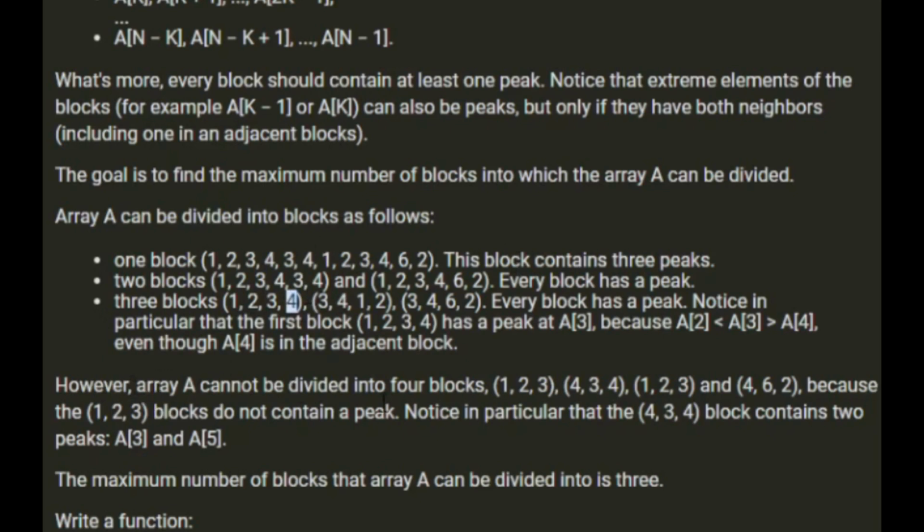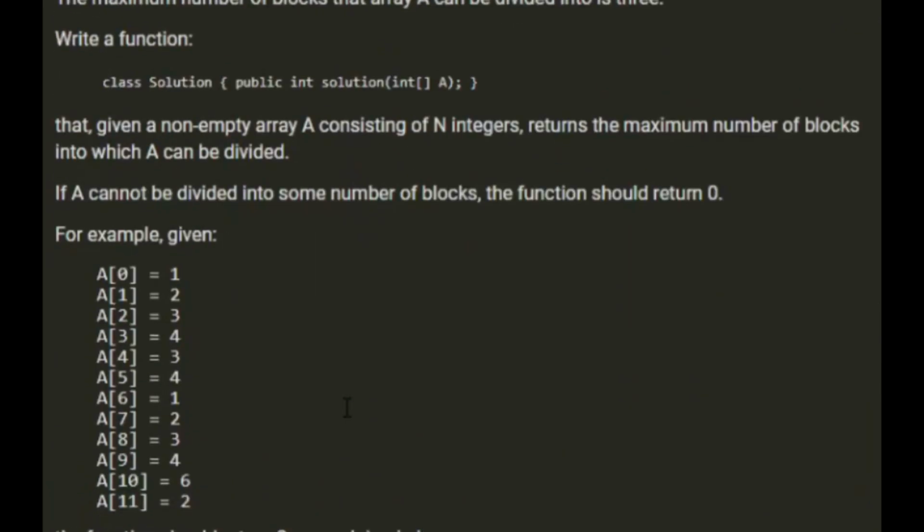However, A cannot be divided into 4 blocks because this block and this block do not contain a peak. Notice in particular that the 4, 3, 4 block contains 2 peaks. The maximum number of blocks that array can be divided into is 3.